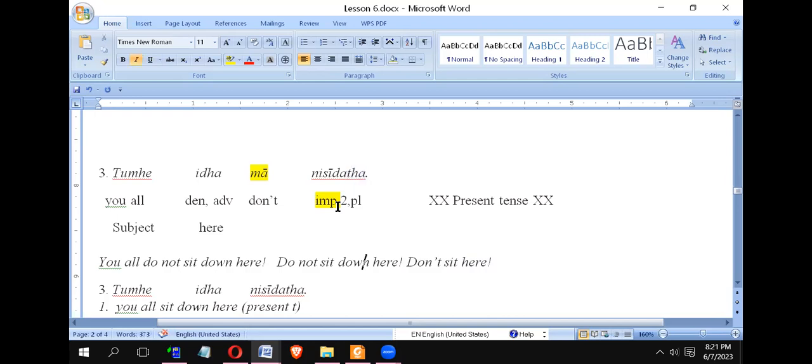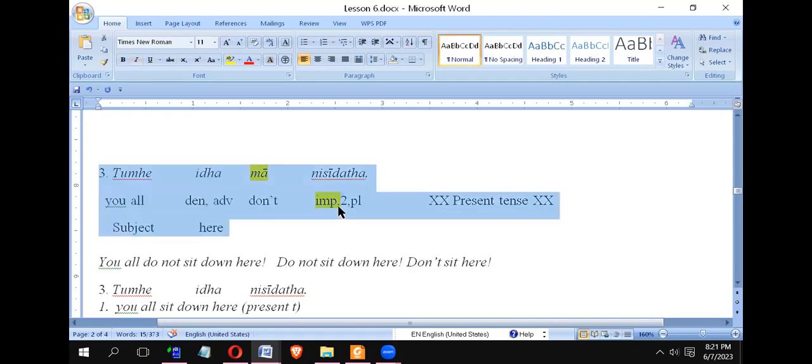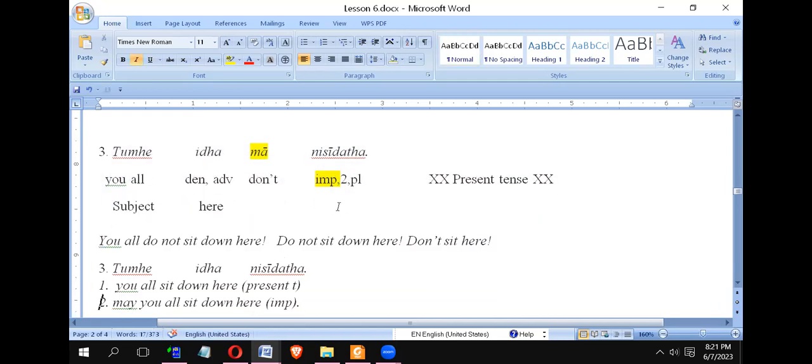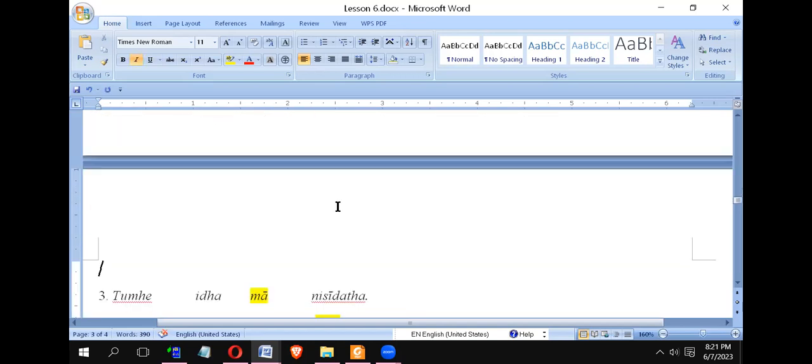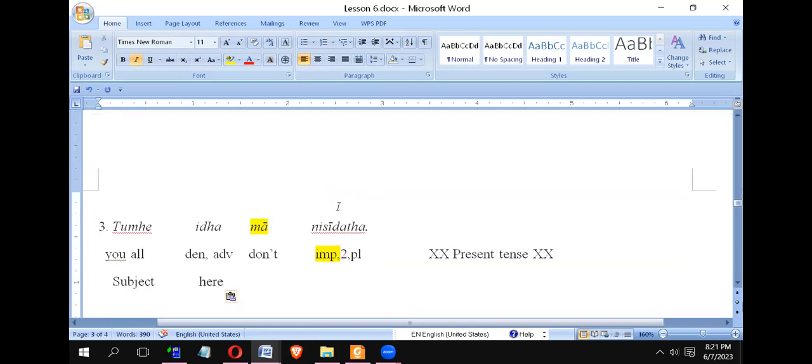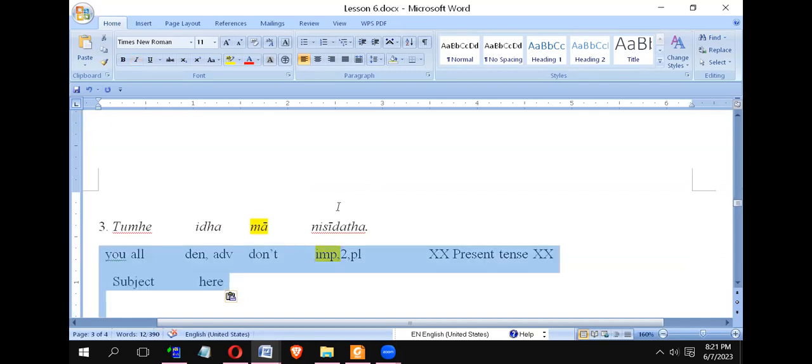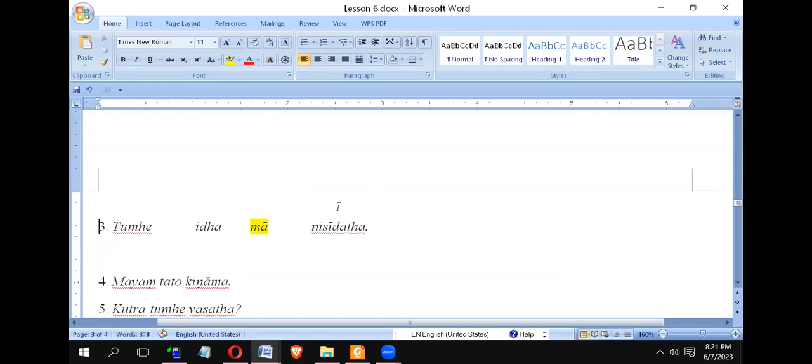Let's say we want to change it to singular. Do you know how to change it to singular? Please change it to singular.